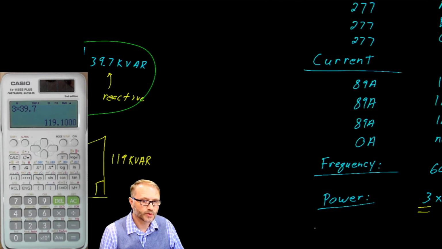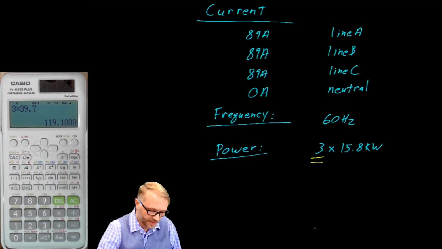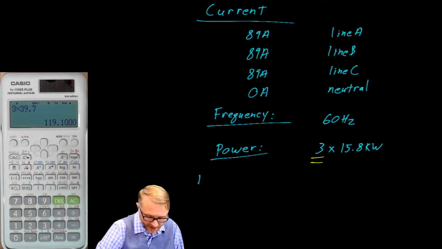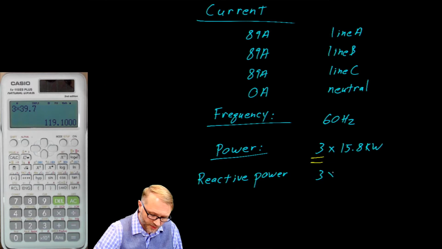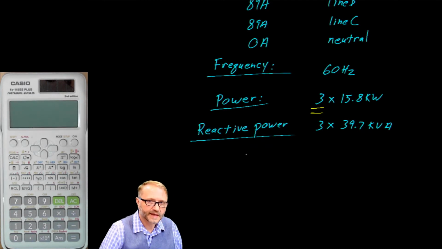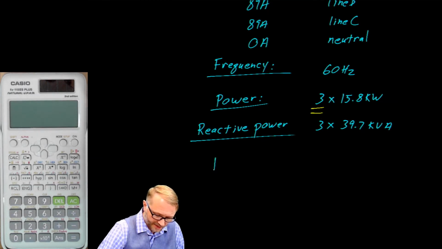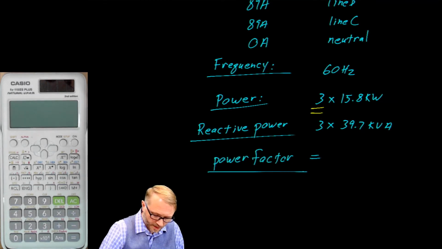Let's add some more instrumentation over here. So that was power. We might want to display reactive power, and that was 3 times 39.7 kVA. The last thing we might want to display is power factor. And you recall power factor is the cosine of theta.